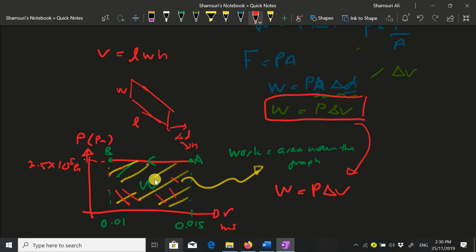If you use the formula, here we have 2.5 × 10^5 Pascal, and our volume is in meters, 0.01 minus 0.015 meter cube.